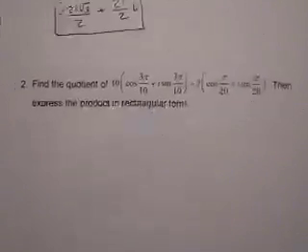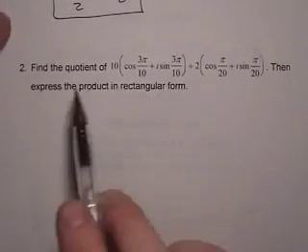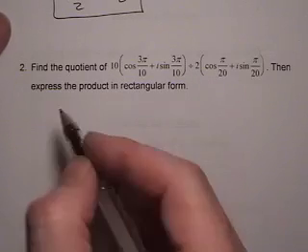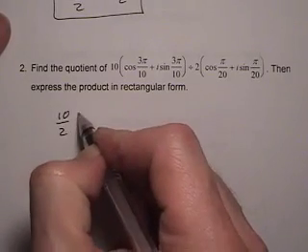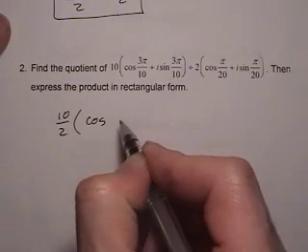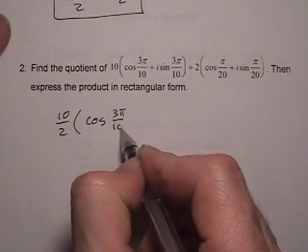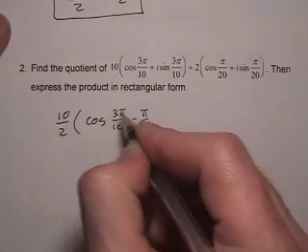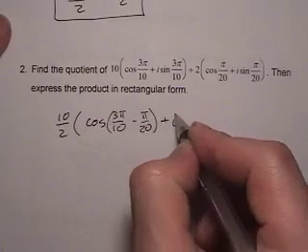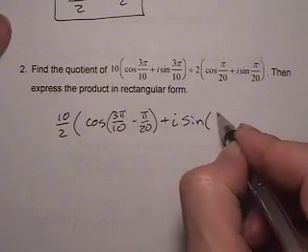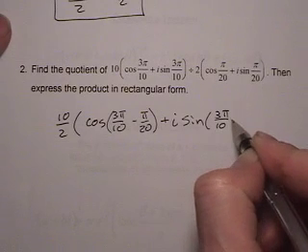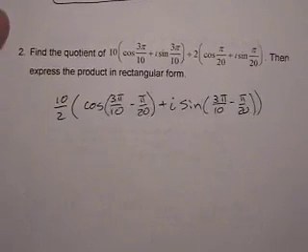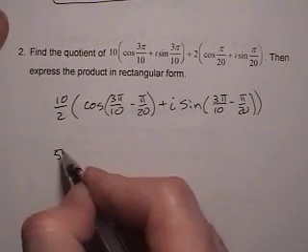It's the same exact way for division. I'll take the two radii, the first divided by the second, so 10 divided by 2. Cosine 3 pi tenths, take the first angle and subtract the second angle, pi 20ths, i sine. Once you figure out one, they're all the same. 10 divided by 2 is 5.